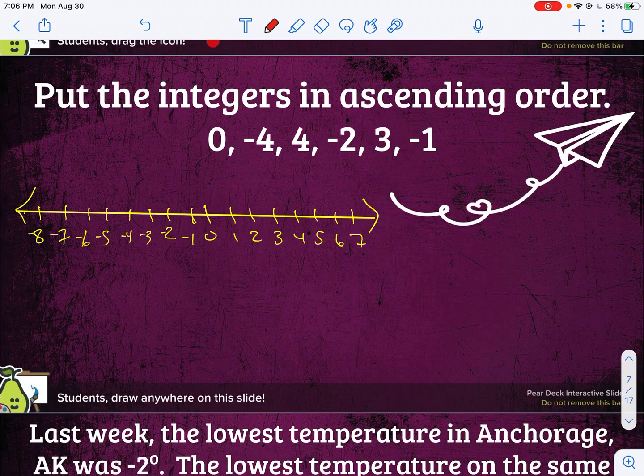This next one, put the integers in ascending order. Okay, stop the video and do this.